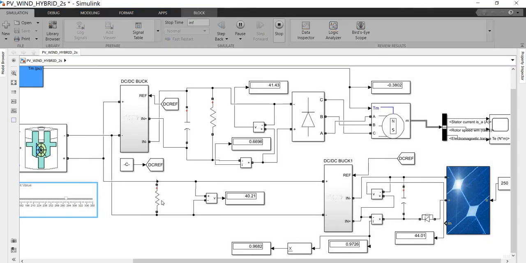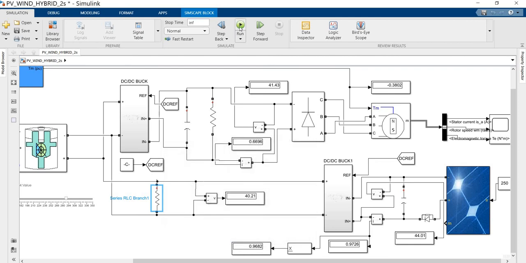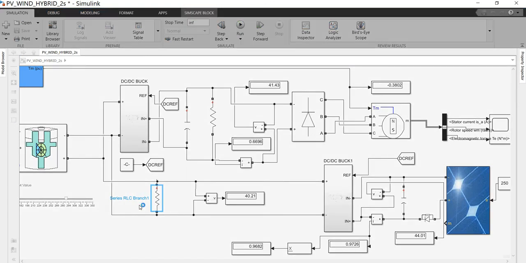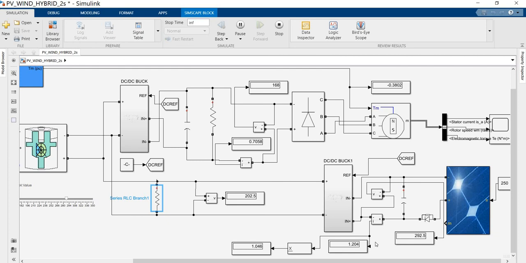Similarly, if you change this load to 150, I fix that value. During that time the current drawn by the system will also change. The current drawn by each system changes during the execution of the system.